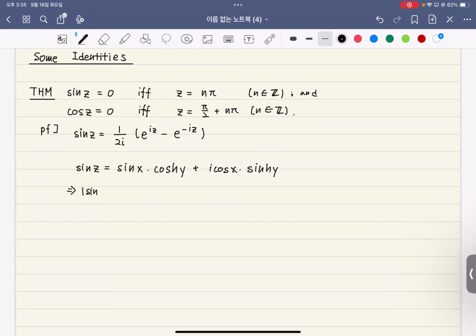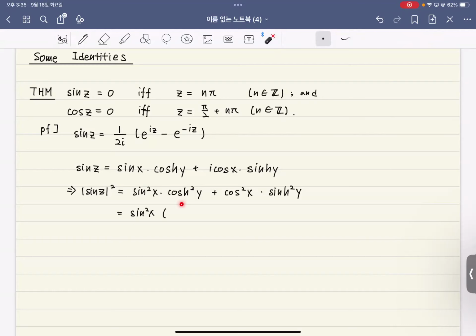If you take the modulus squared, then it should be sine squared x times hyperbolic cosine squared y plus cosine squared x times hyperbolic sine squared y, right? Now, this is a real hyperbolic cosine function, right?